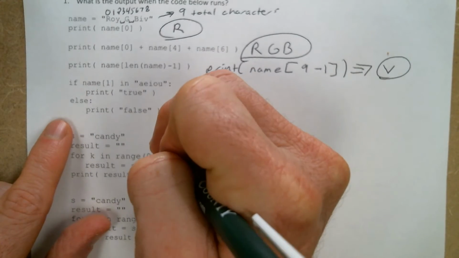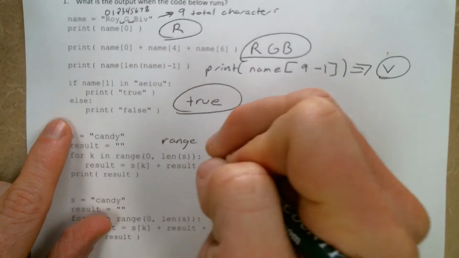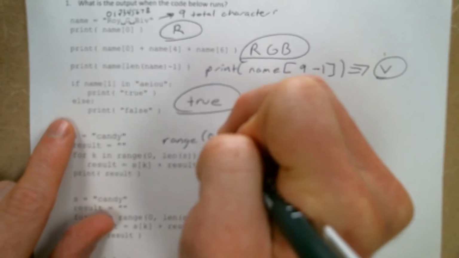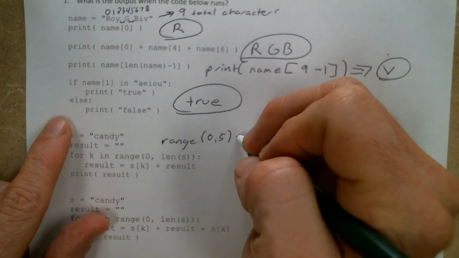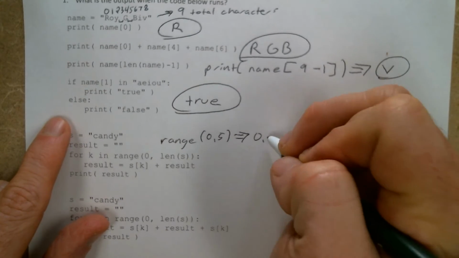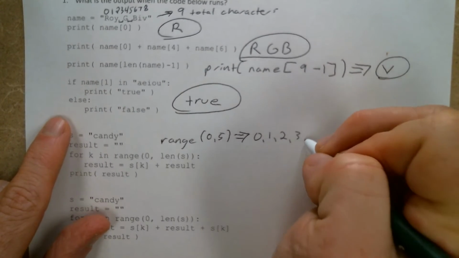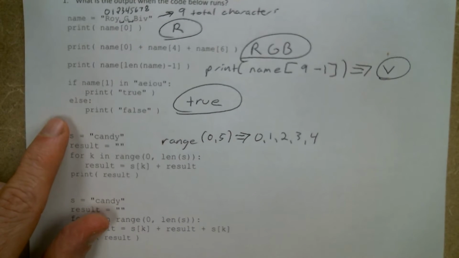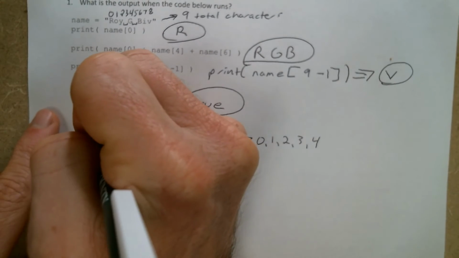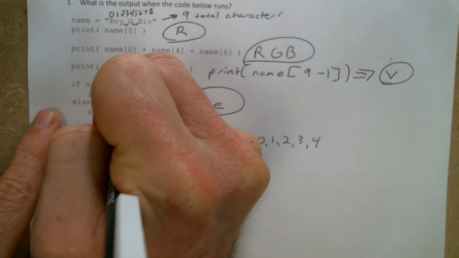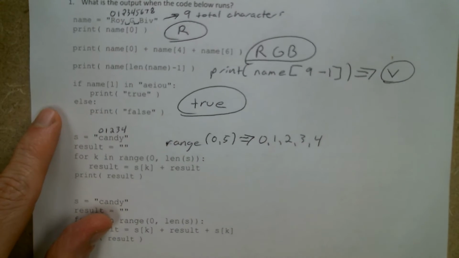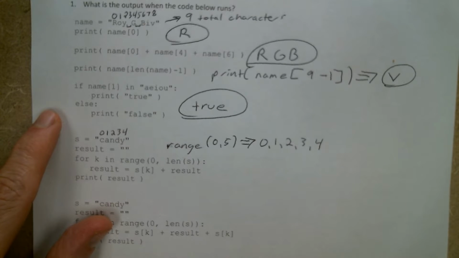So this is basically like doing a range from 0 to 5, which, remember, only gives you 0, 1, 2, 3, and 4. But that's perfect for us because, again, these string indexes start at 0. So 0, 1, 2, 3, 4 is exactly what we need.